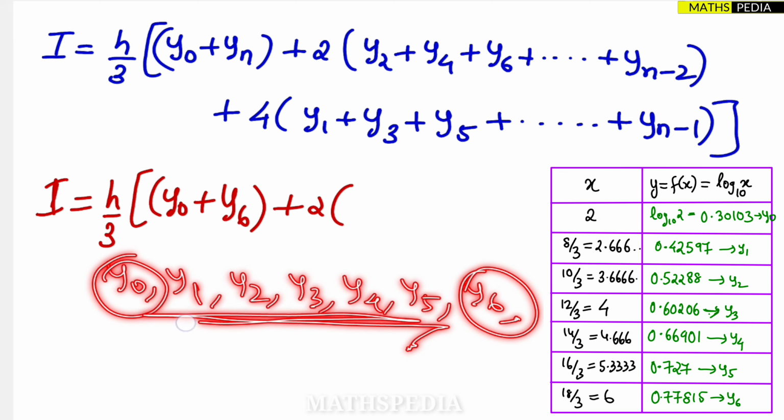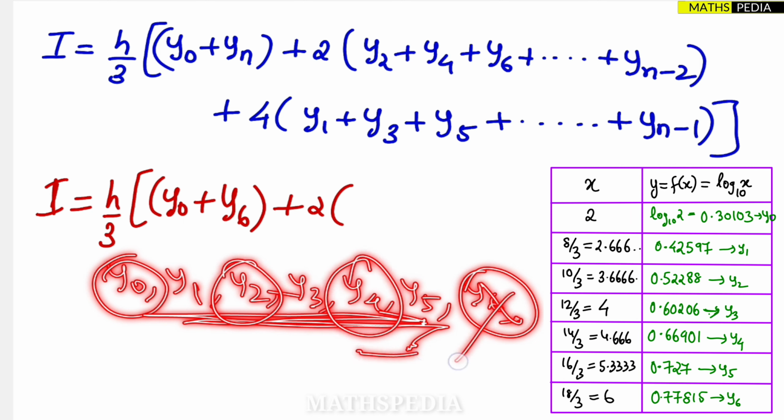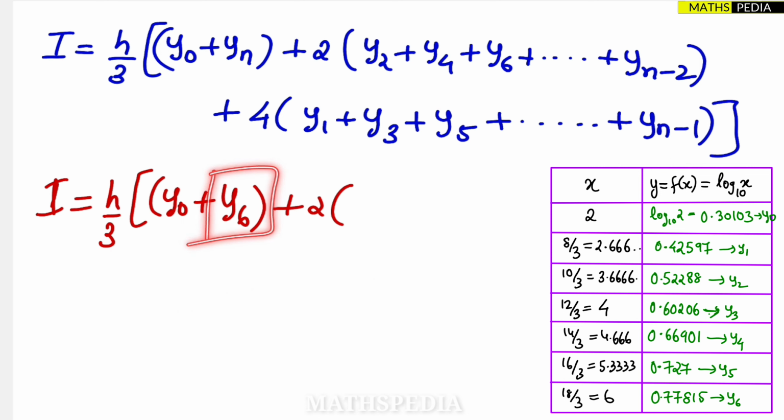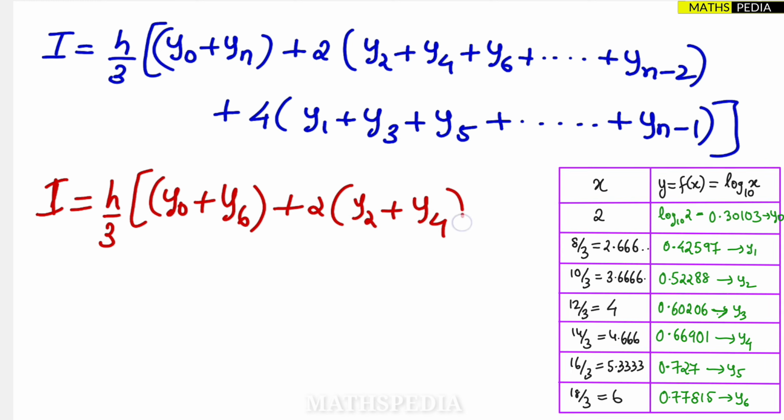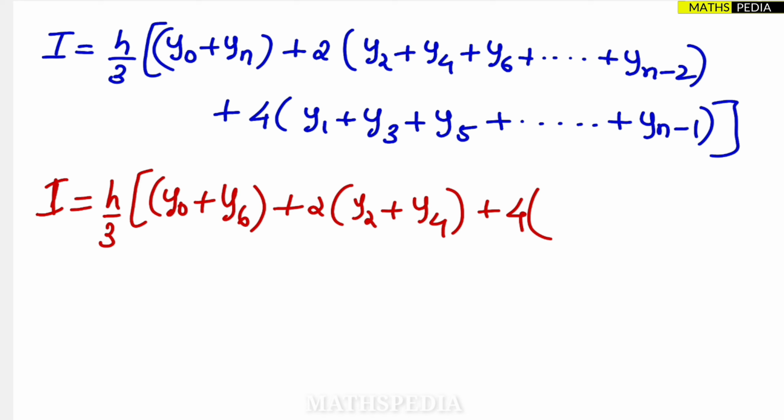The remaining terms are y1, 2, 3, 4, 5. In that, the multiples of 2 are 2 and 4. We cannot take 6 because it is already there. So among the multiples of 2, I can take only y2 and y4. So I take y2 plus y4, plus 4 times the remaining terms: y1, y3, y5. y2 and y4 are already there, and y6 I cannot take because it is already there. This is the final formula.